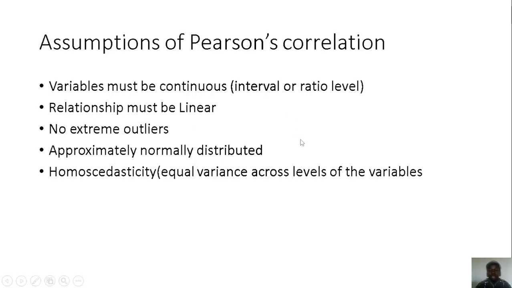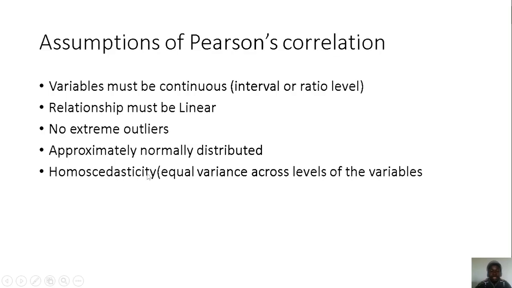So the values should be clustered within the mean, closer to each other. Some shouldn't appear extreme in the data set. And that is to say the data should be approximately normally distributed. And we have done normal distribution. Please, if you haven't watched my normal distribution video, you can watch it within my videos.